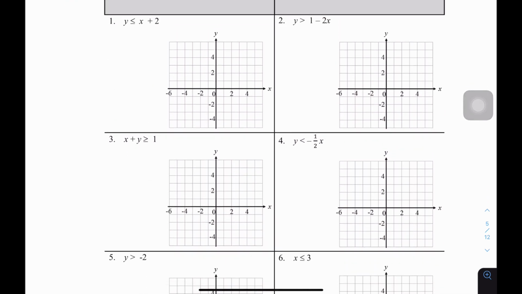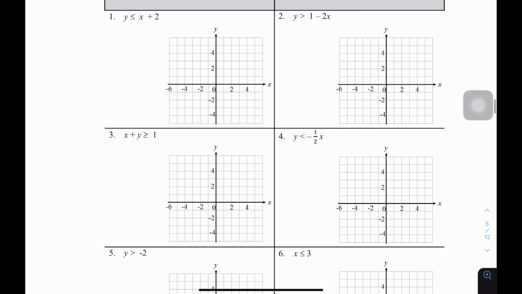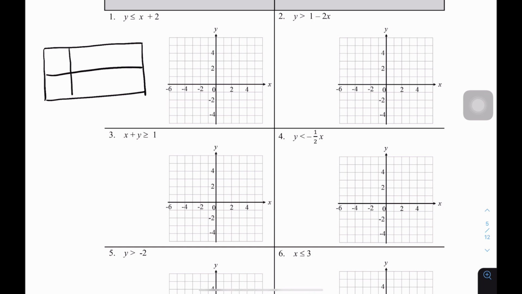Okay, number 1. Dia kata apa tadi? Kita cuba buat satu table. So we have x and y. For example, saya ambil 2 and 0.